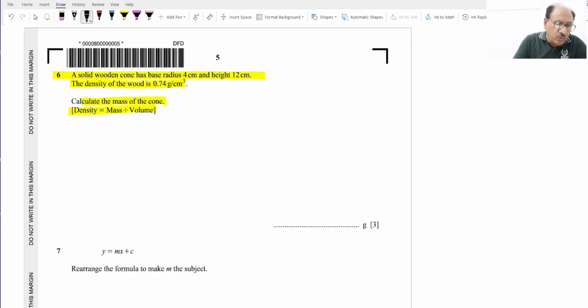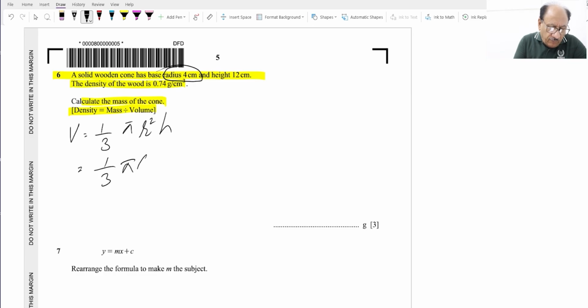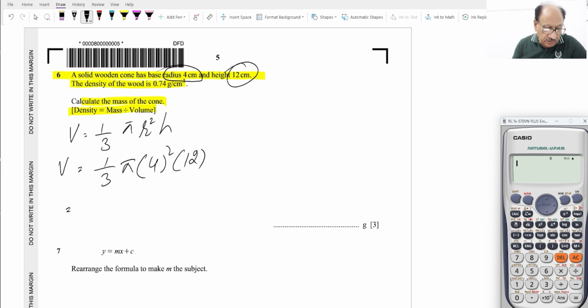So the volume of the cone is equal to 1 by 3 pi r square h, and we can use this formula. This will be 1 by 3 pi, and the base radius is 4, so 4 square, and height is 12, so into 12 also.